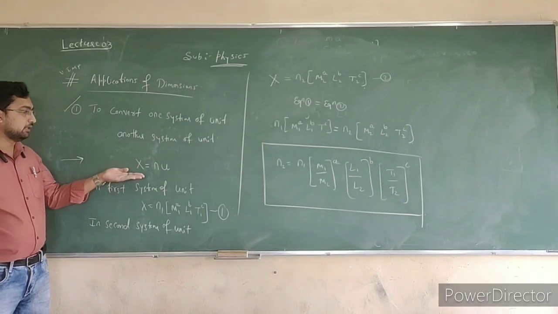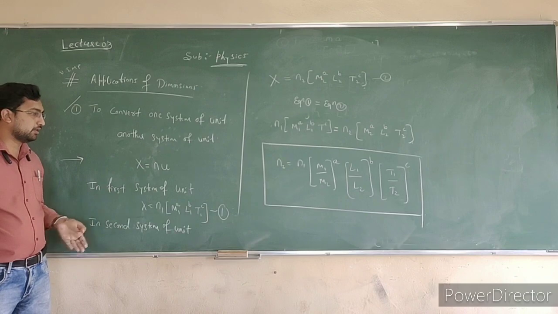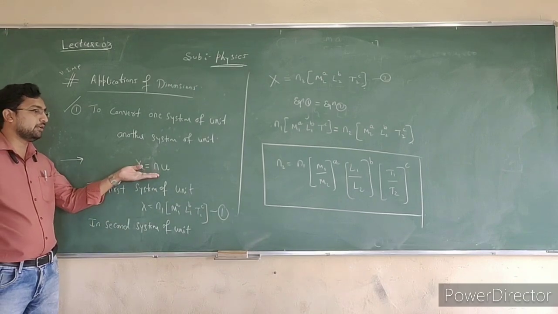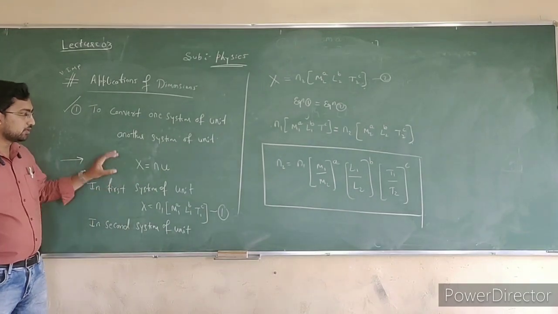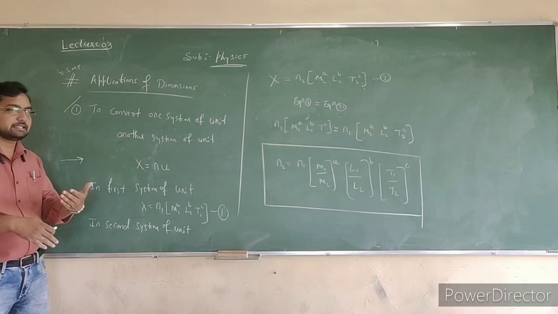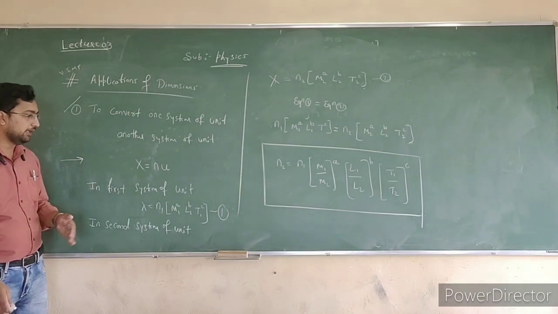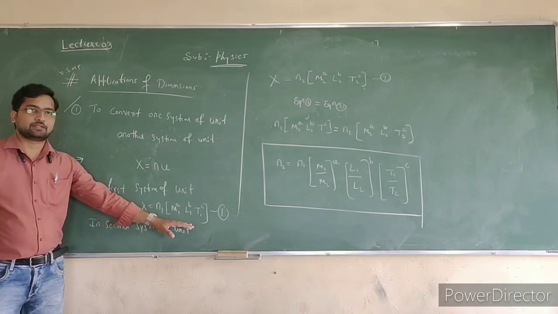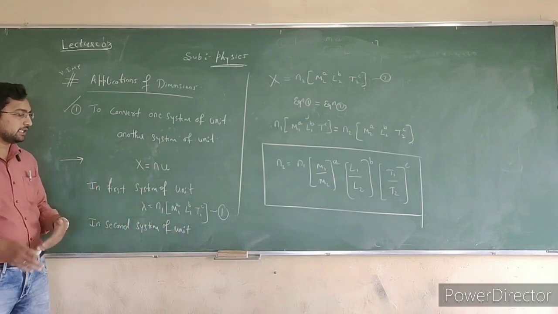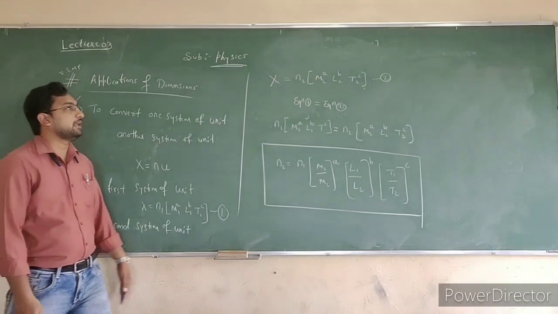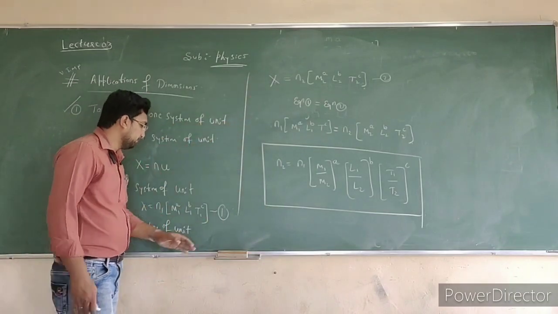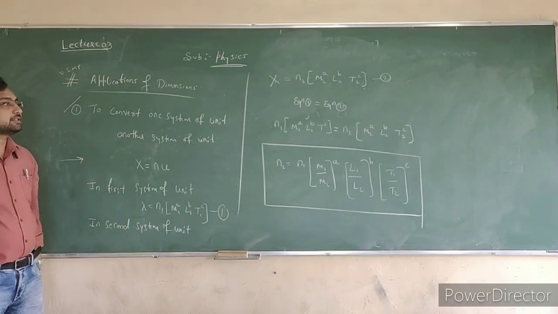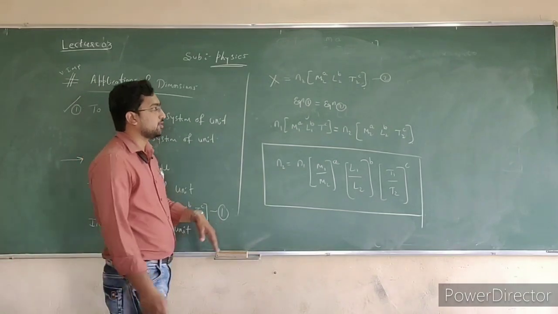First, we are considering x as a physical quantity. It can be represented as a numerical value and the unit. So this same physical quantity we have measured in two different units, right? In the first unit, the value of this physical quantity is this one, and the same physical quantity measured in another unit has this value. So here, the LHS of both equations are the same, then we are equating the equations.